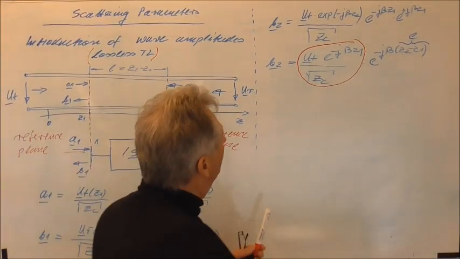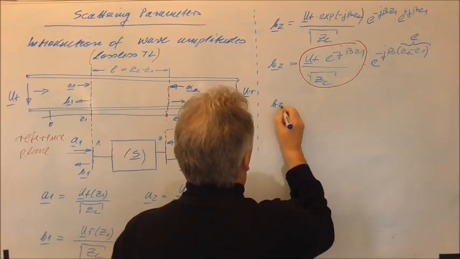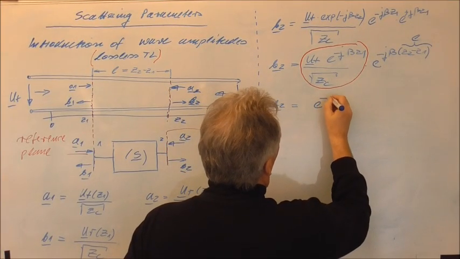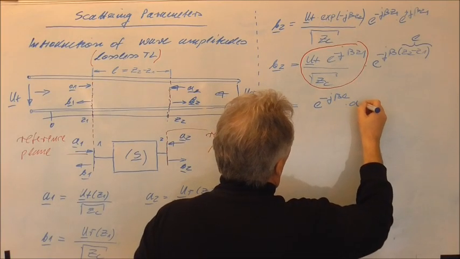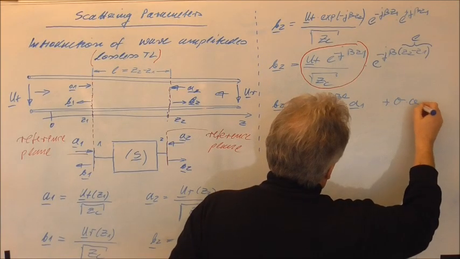So we can rewrite this as B2 equals the exponential function minus j beta L times A1 plus 0 times A2.